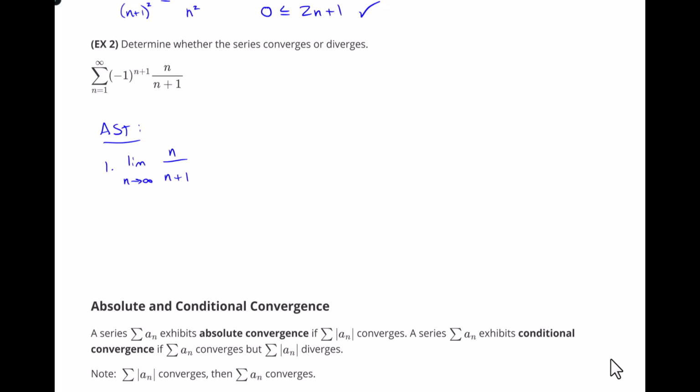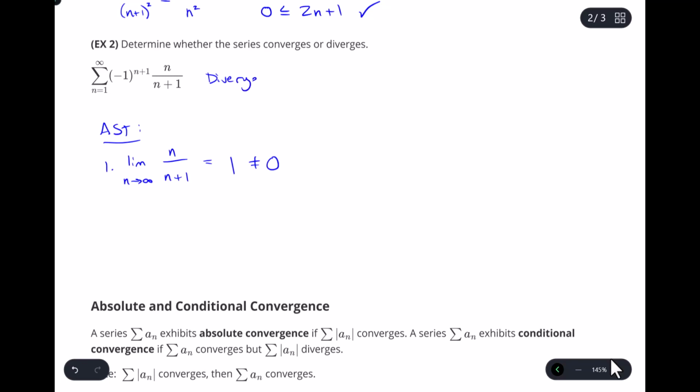So this is a rational function, but now the degrees are equal. And when the degrees are equal in a rational function, you take the ratio of the leading term coefficients. So we get 1, which is not 0, so therefore this is diverging.